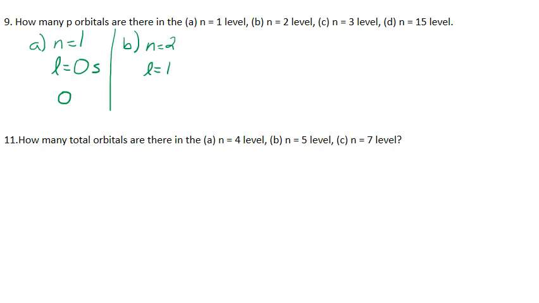And that's what determines the number of p orbitals I can have at any given level. So if L is 1, my m sub L values will range from -1 to 1. So that means there are 1, 2, 3 p orbitals.